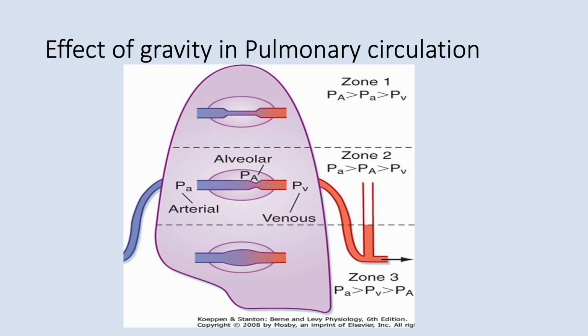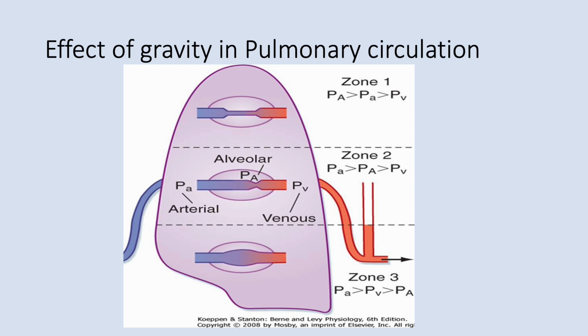Another important determinant of the pulmonary circulation is gravity. You know there is something called the West zones, which divide the lung into three zones: zone 1, zone 2, and zone 3. In zone 1 there is more air compared to blood flow, and this gives you ventilation perfusion mismatch, acting like dead space, where there is ventilation but not much gas exchange because there is not much blood flow.